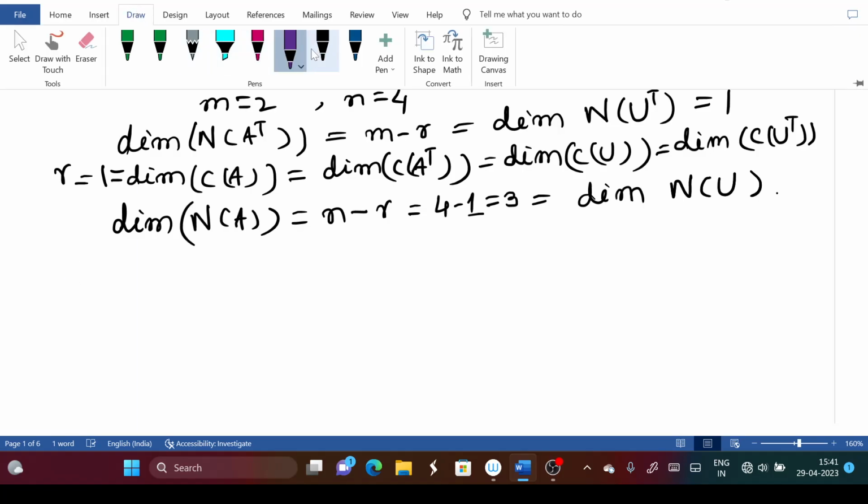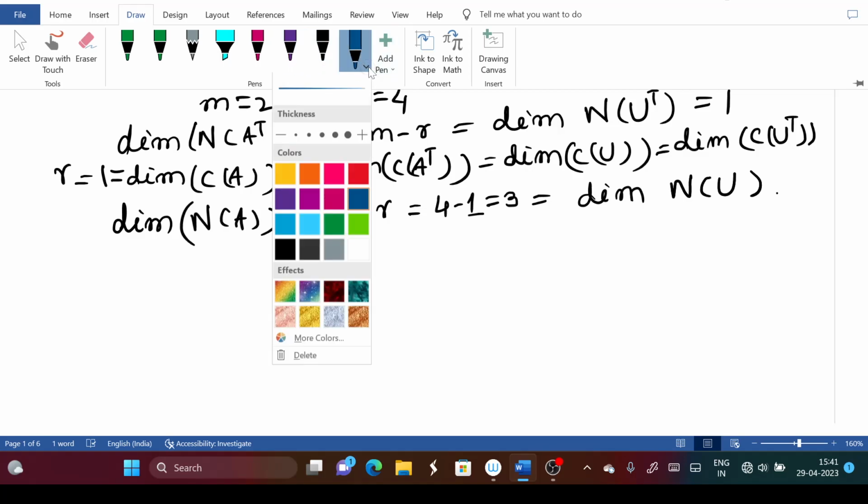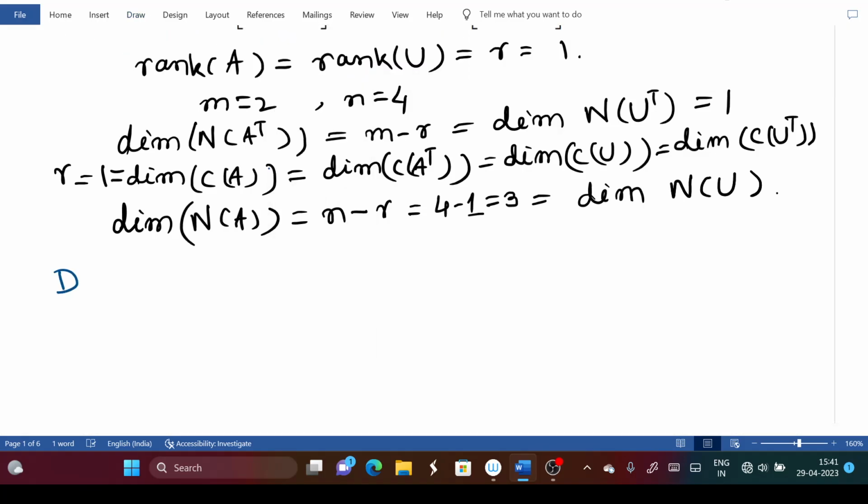Next, we know that the basis of the null space of A is equal to the basis of the null space of U, and we find out how much it is.